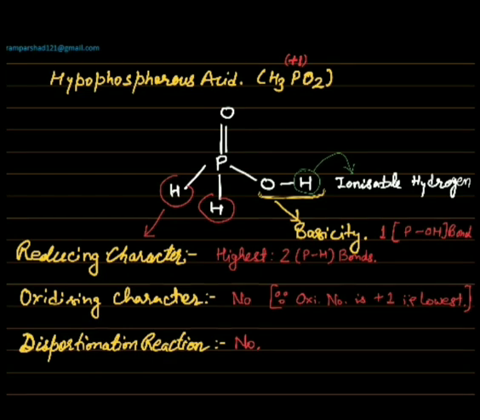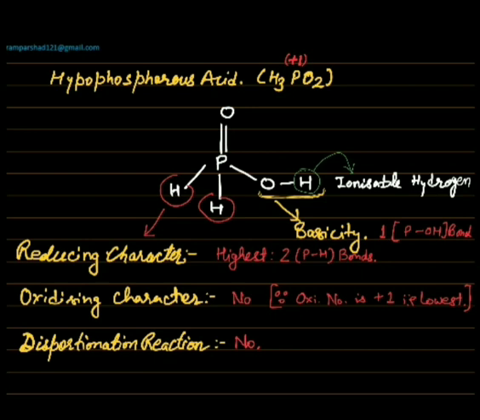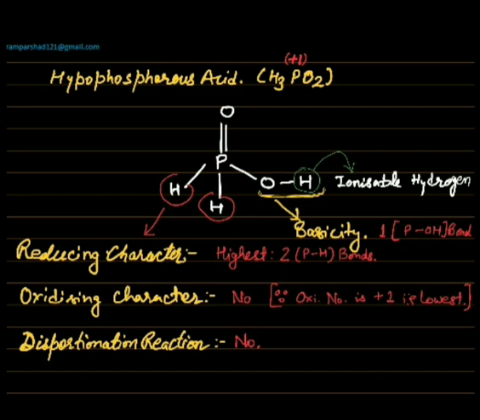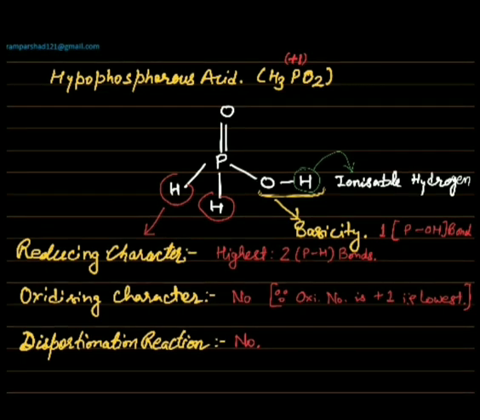It has 2 P-H bonds directly linked, so it has the highest reducing nature. No other acids have such a condition. Some other oxoacids have 1 P-H bond and others have no P-H bond.